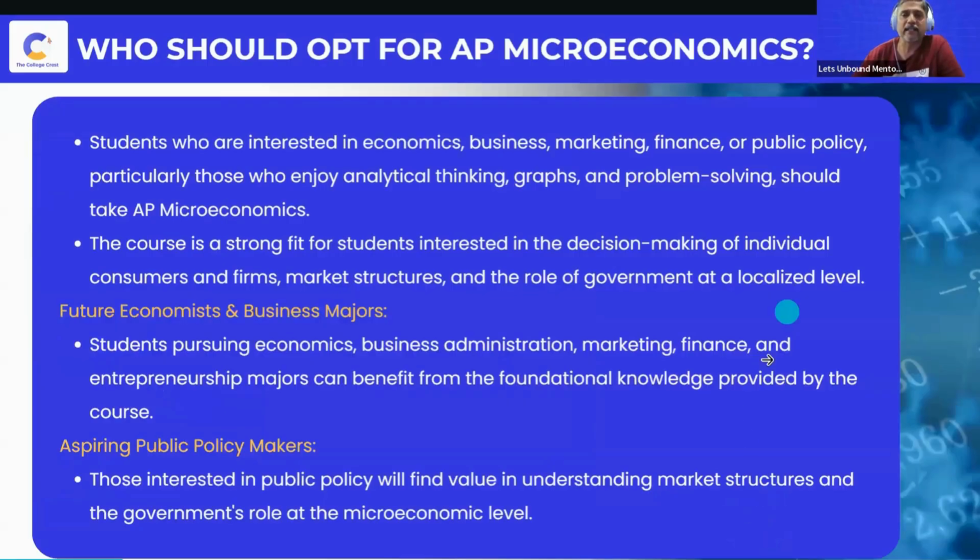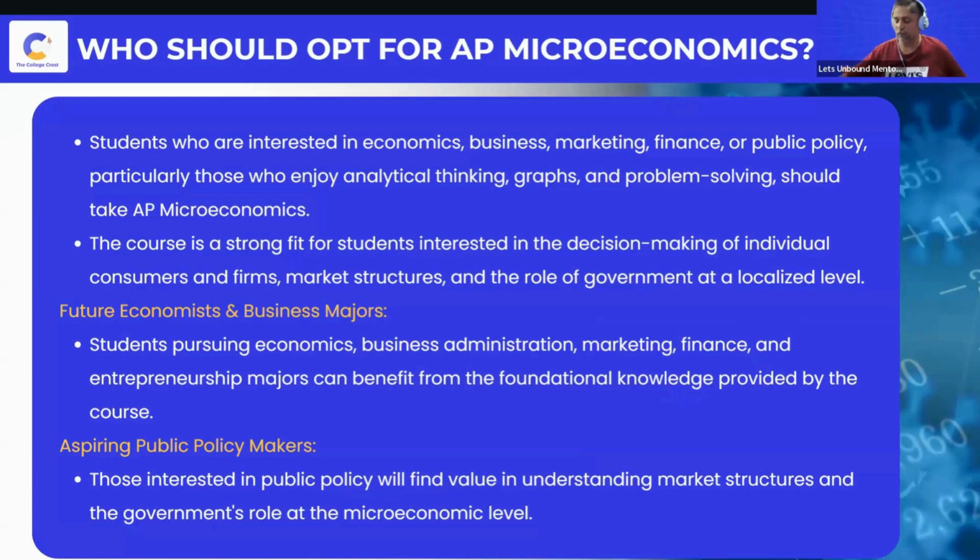Students who are interested in economics, business, marketing, finance, or public policy, these are the specializations that this particular AP targets. It is a strong fit for students who are interested in decision making of individual consumers and firms.